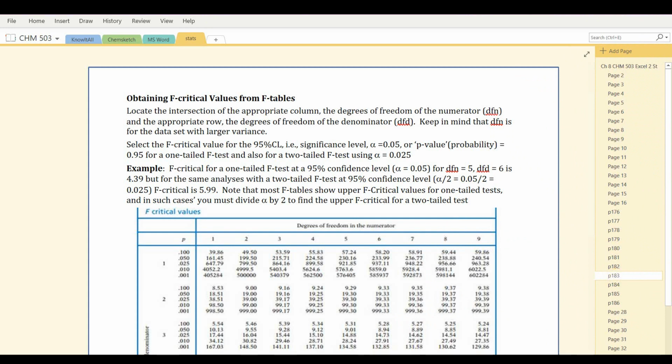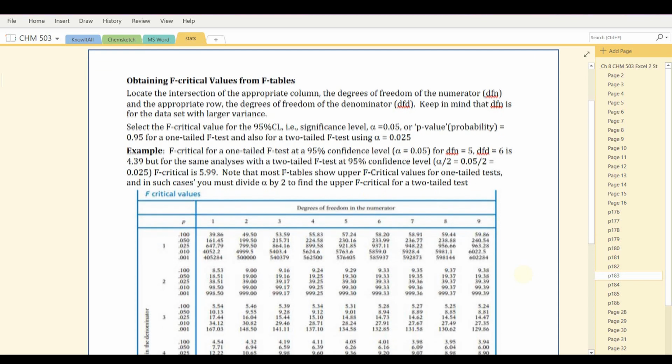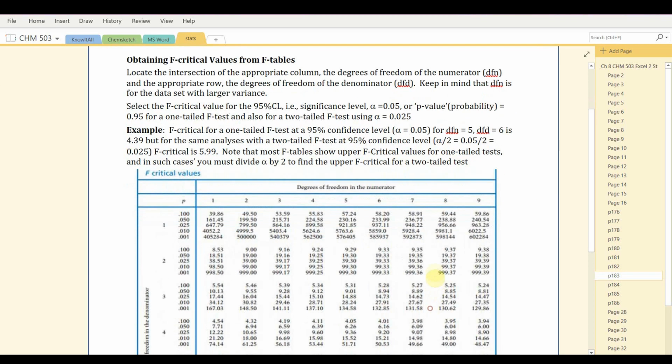Page 183. So how do we get F-critical values from F-tables? We locate the intersection of the appropriate column, the degrees of freedom of the numerator, dfn, and the appropriate row, the degrees of freedom of the denominator, dfd. Keep in mind that dfn is for the data set with the larger variance.